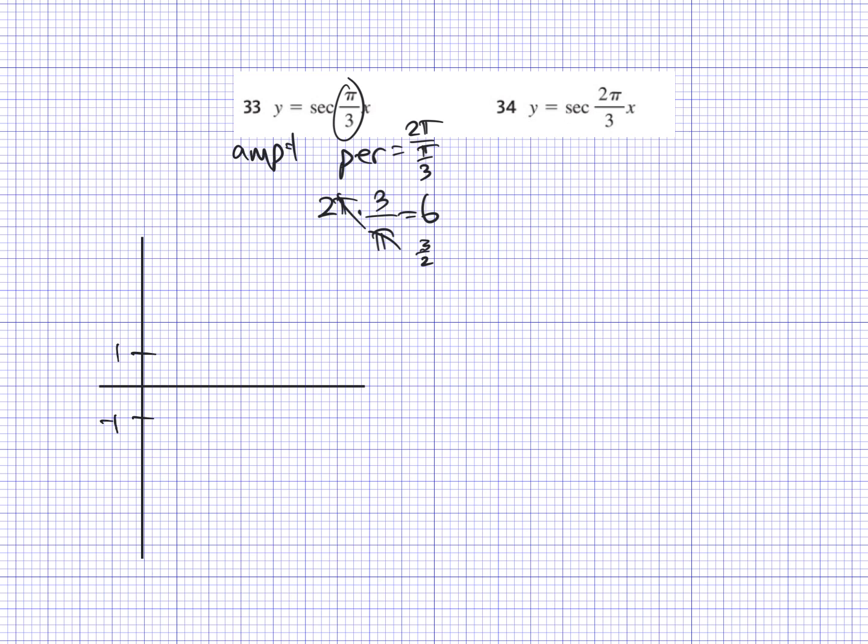We go by 3/2. Another 3/2 gets us to 3. Another 3/2 gets us to 9/2. And 9/2 plus 3/2 is 12/2 or 6. And again, our asymptote for cosine is 1 away from the center. And then we draw our secant curve.